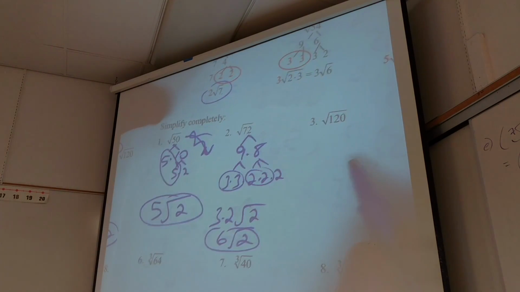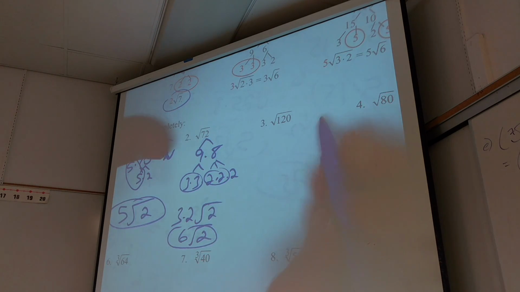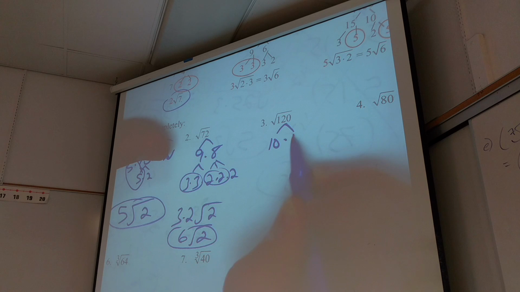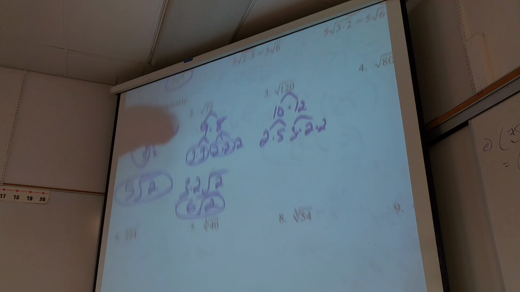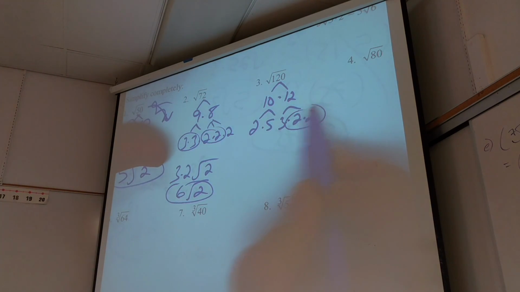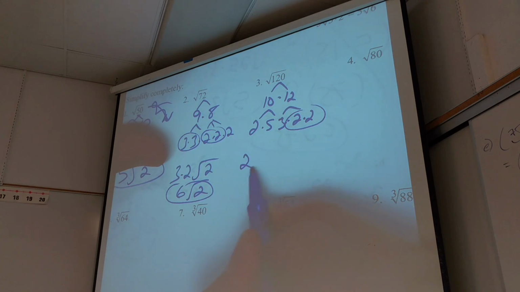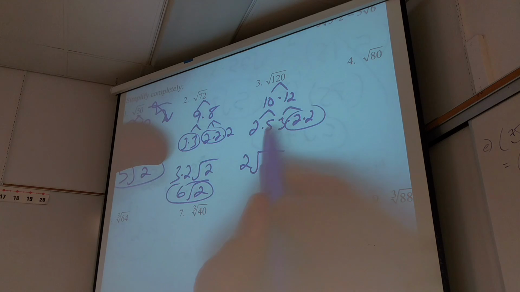Alright, so 120, if I break it all the way down to its DNA, I could do 10 times 12, 2 times 5, 3 times 2 times 2, and I'm looking for groups of 2. So I see 2 2s, and everything else is a single, so that's too bad for them. What's left inside then? 30.